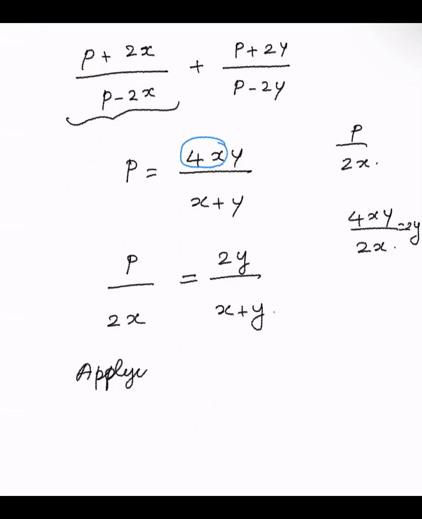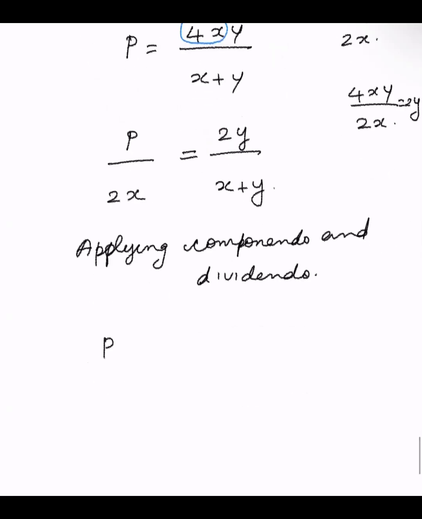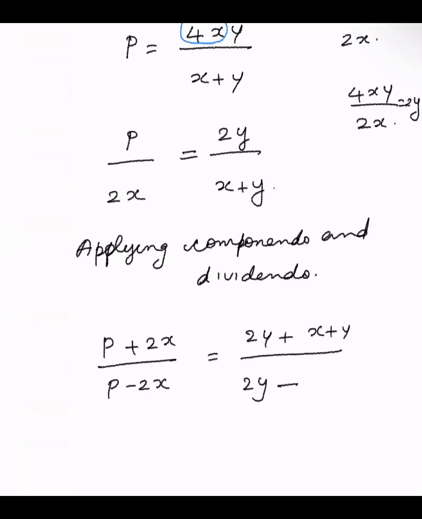Applying componendo and dividendo. What do you get now? P plus 2x divided by p minus 2x equal to 2y plus x plus y divided by 2y minus x plus y. Okay, a plus b divided by a minus b equal to c plus d divided by c minus d.